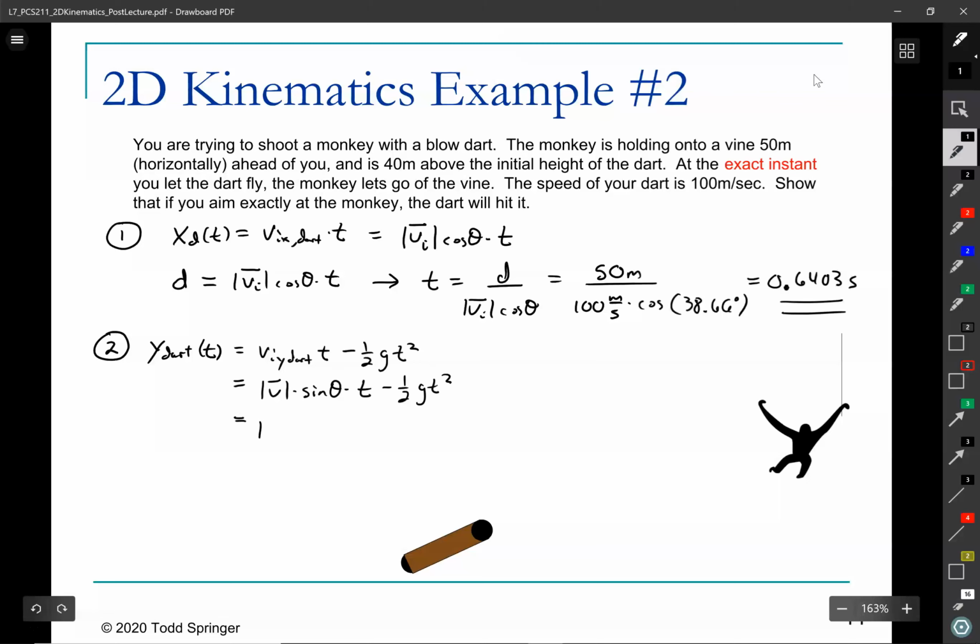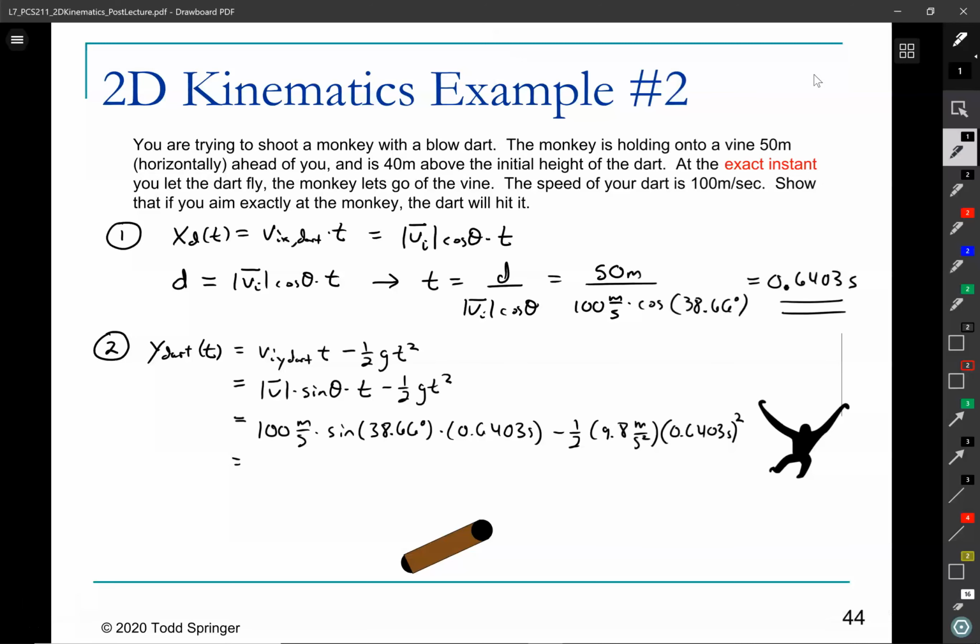Plug in the numbers. 100 meters per second, sine of 38.66 degrees times 0.6403 seconds minus 1/2 times g, which is a positive number, 9.8 meters per second squared, times 0.6403 seconds squared.